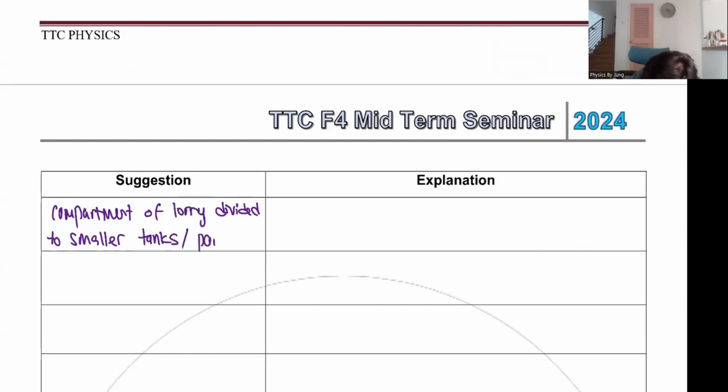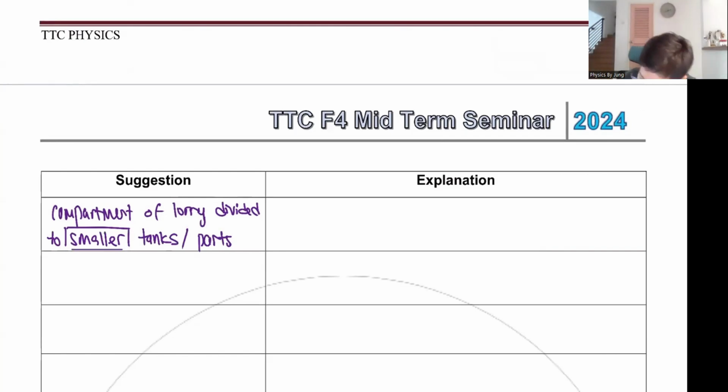Now, why do you want to divide this into smaller parts? The key point is to make smaller parts. So remember, the word smaller is important. It means you're trying to divide it to become small.